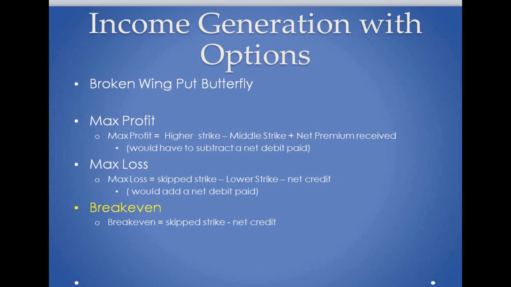And our break even would be the skipped strike price minus the net credit. These are all very similar in regards to how you figure the profit, the loss, and the break even. You just have to think about it a little bit.